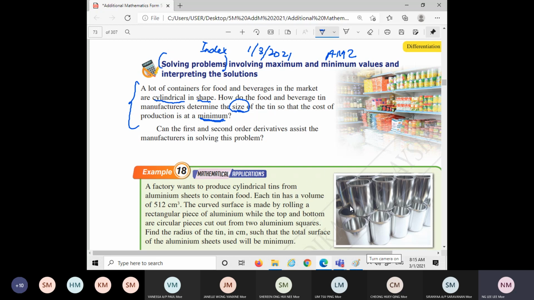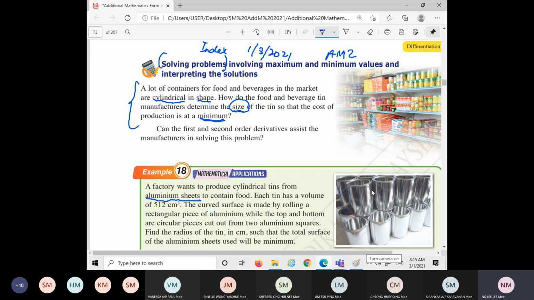Okay, how to make a tin? They are using aluminium sheet to make the tin.